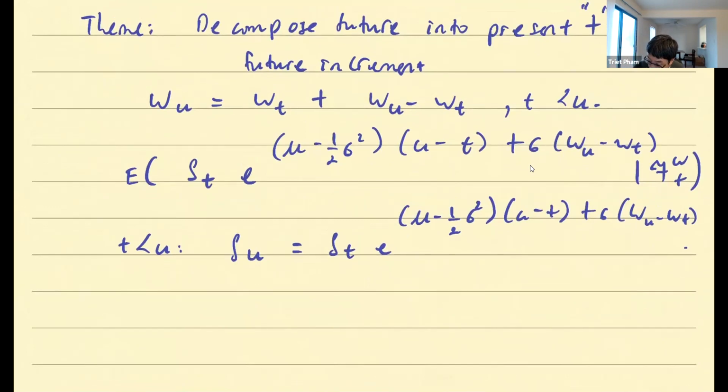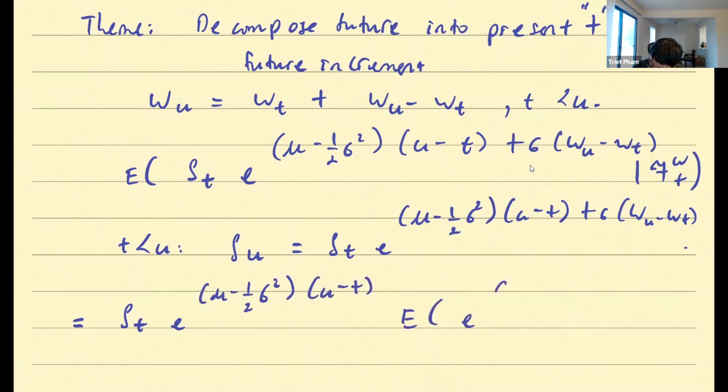First of all, S_T here is known by time t. So I will bring it out. And then this whole thing actually will also be brought out. What I have left is this exponential of the Brownian motion.